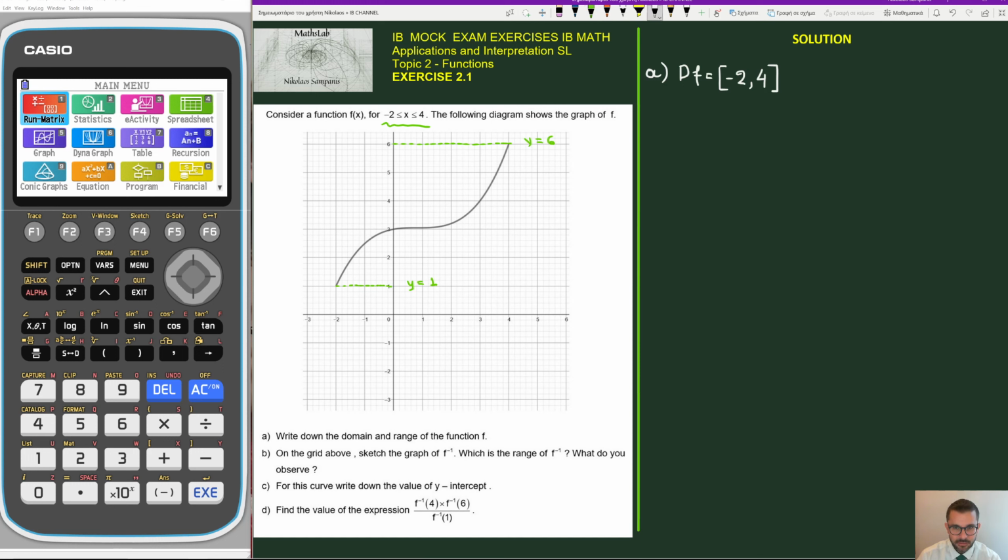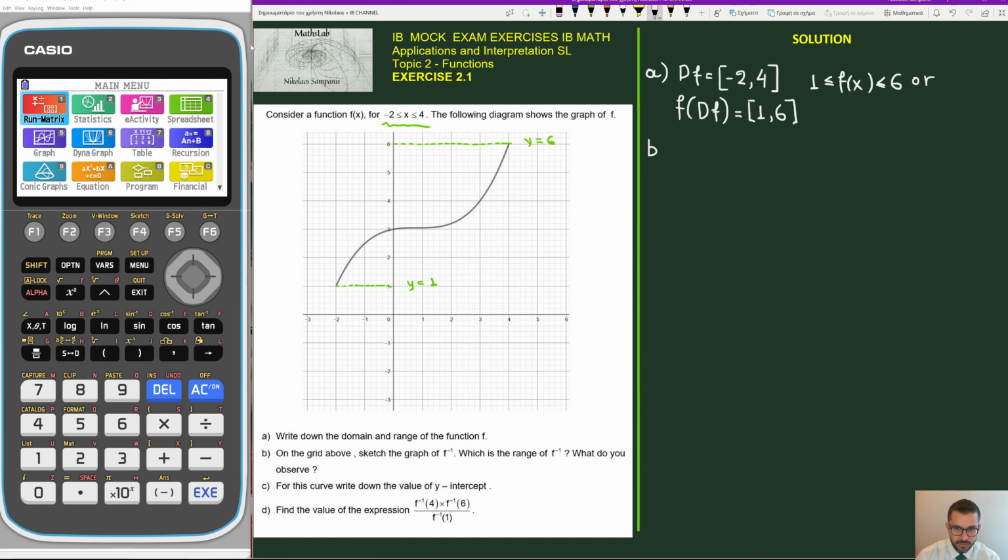So the range of f is the closed interval [1, 6], or using this symbol here, [1, 6].